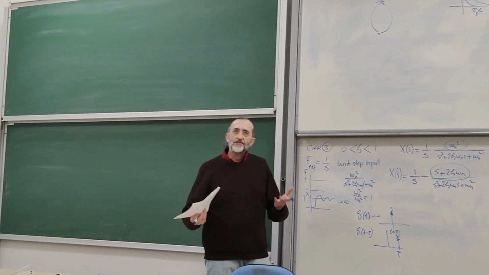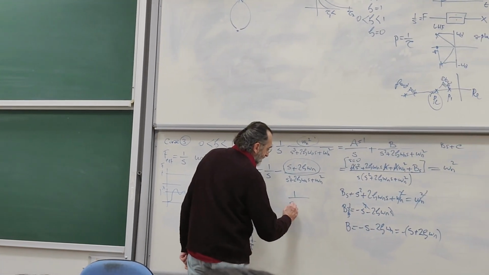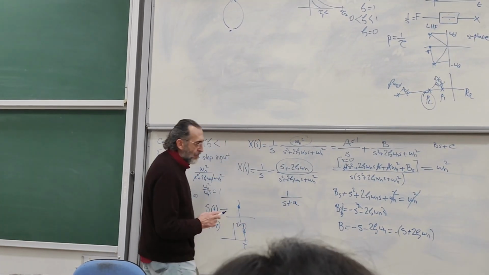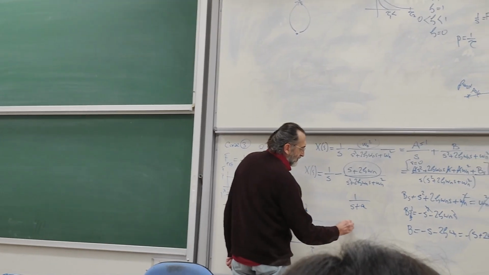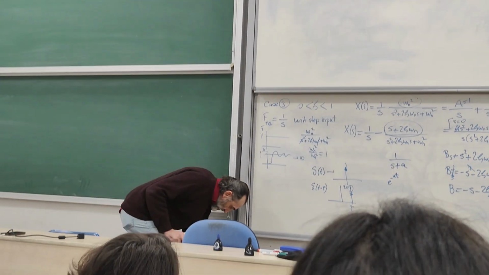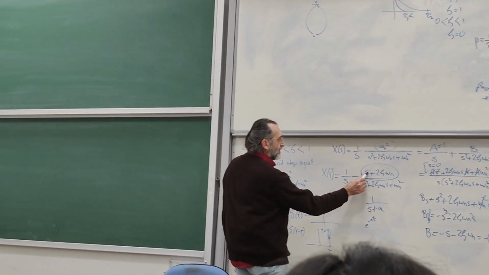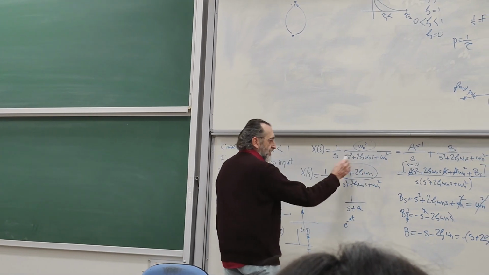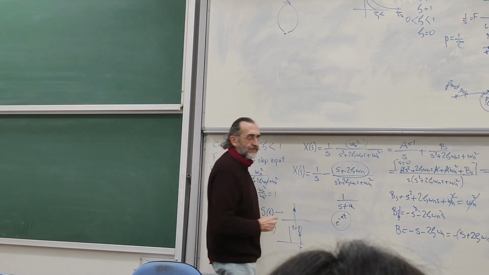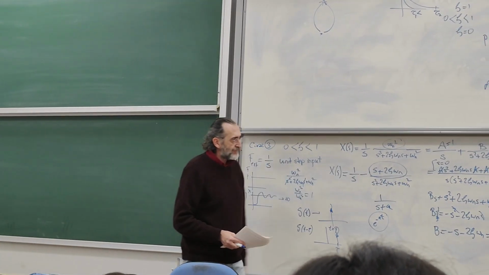And when the S is shifted, remember what happens? 1 over S plus A gives me e to the minus AT. So I know that there's a component here coming from this that's going to give me this, because the S has been shifted.